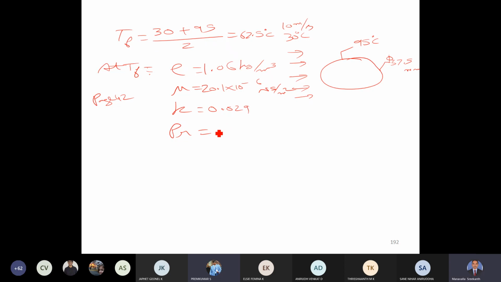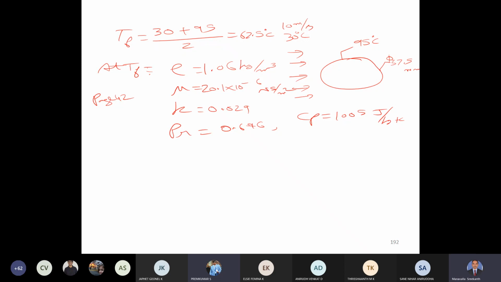And Prandtl number is 0.696. Any other thing do we need? Specific heat. I will just note it down. 1005 joule per kg Kelvin. So these are the property values I need.